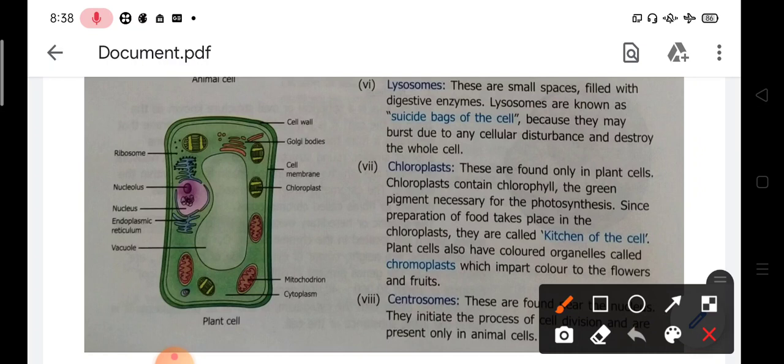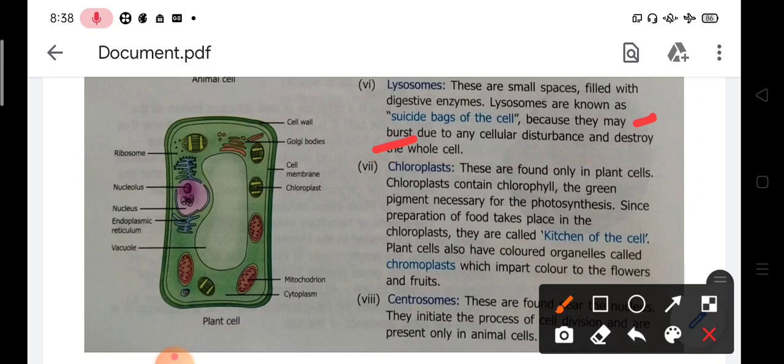When the cell is going to be damaged, then these lysosomes make these enzymes enter into the cell, and these enzymes kill the complete cell. That means enzymes make the cell kill itself. Okay, that's why these lysosomes are called suicide bags of the cell. You can see over here, because they may burst due to cellular disturbance and destroy the whole cell.